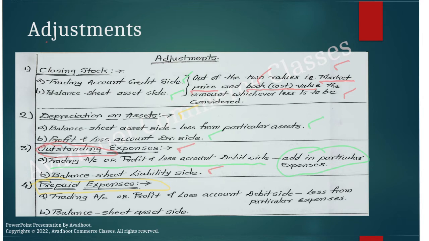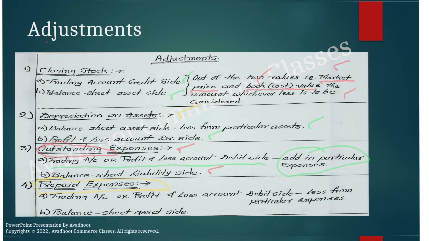That is called prepaid. You are preparing for March 2022, and you paid the insurance premium up to June 2022. It means 3 months, April, May, June 2022, you paid in advance. That's why it is deducted from the insurance. Insurance we write on the profit and loss account debit side, less the prepaid amount, you have to calculate, and then it is to be written in the outer column.